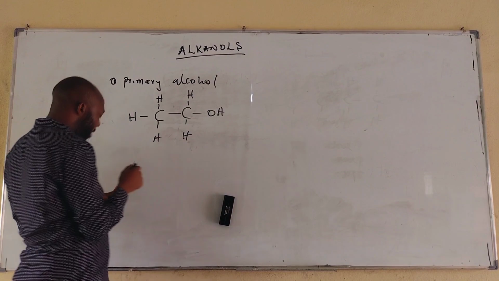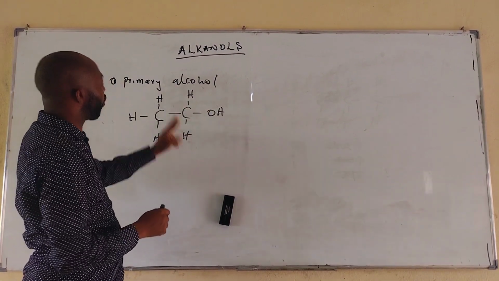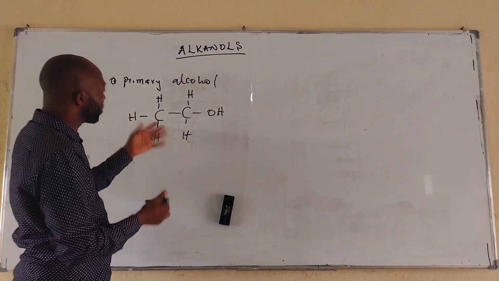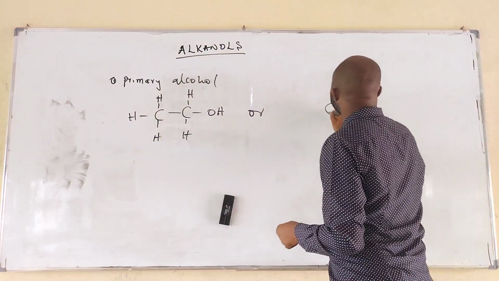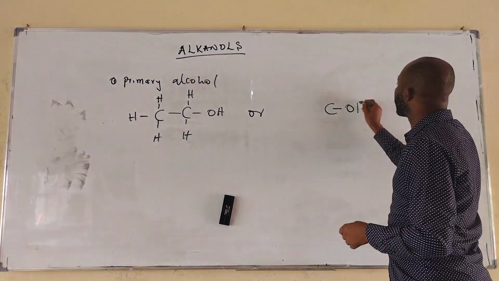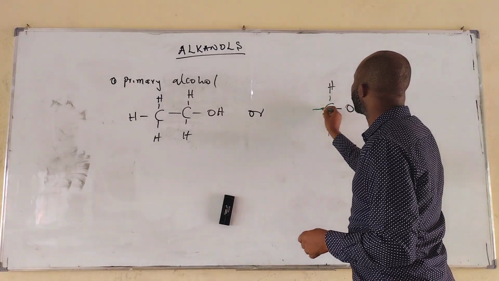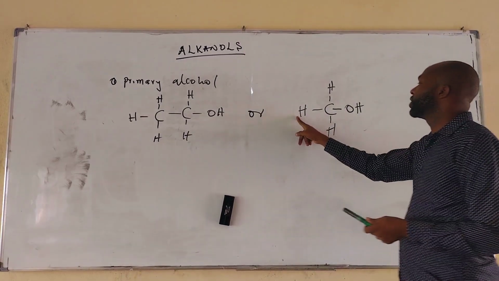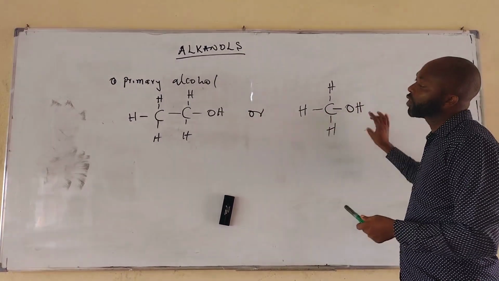So this is a primary alcohol. This carbon carrying the OH group must be attached to one other carbon atom or non-carbon atom. What do I mean by that? Or I can have this. This is my carbon carrying the OH group. So if it's attached to non-carbon atom, which means it will be hydrogen. So this is CH3OH.